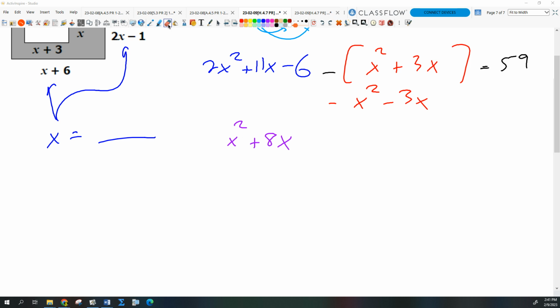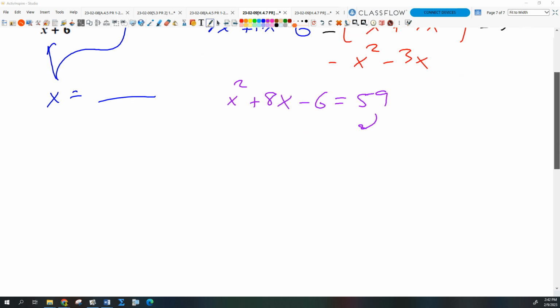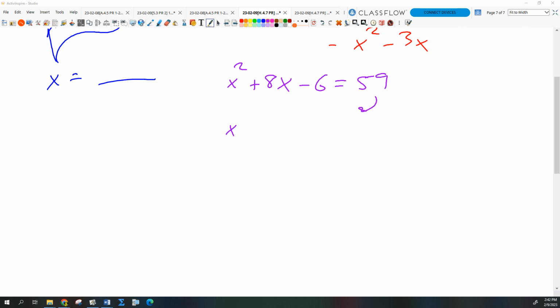So x squared plus 8x minus 6 equals 59. I'll subtract the 59 and I'll get x squared plus 8x minus 65 equals 0.